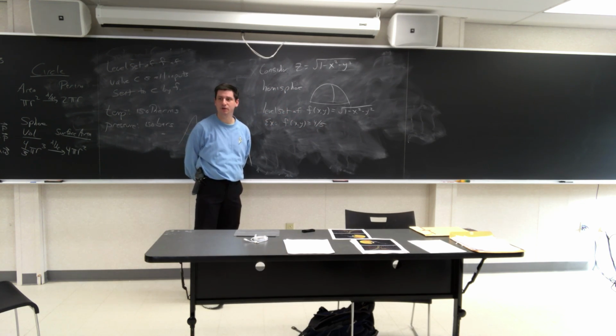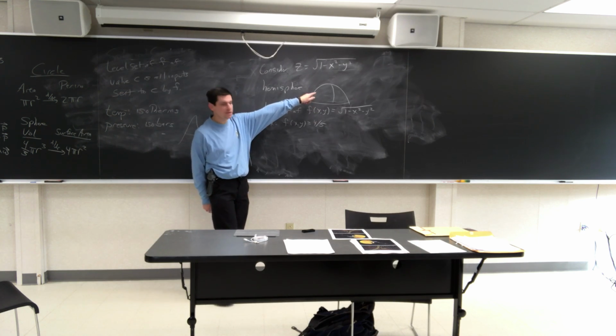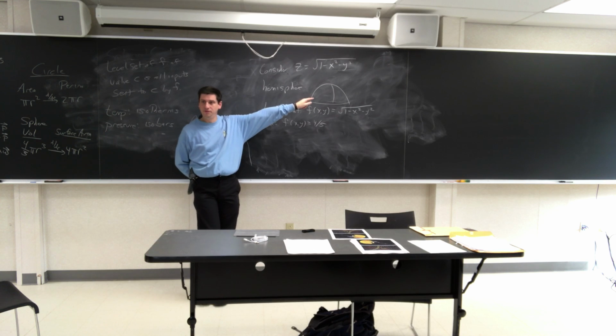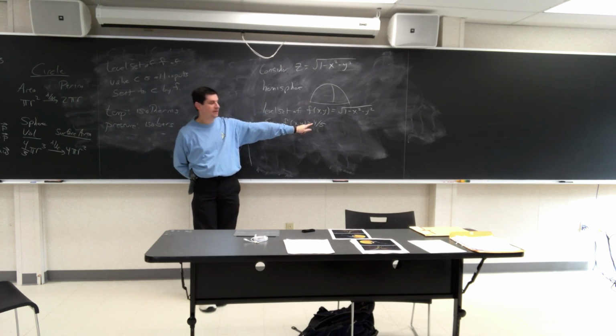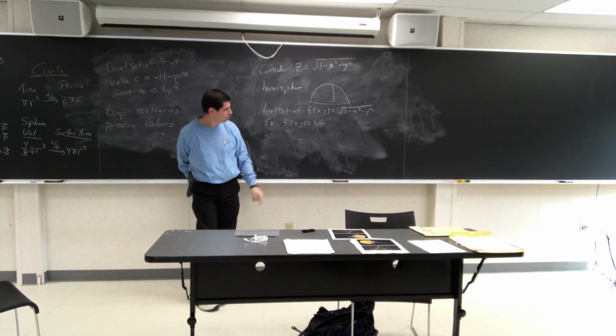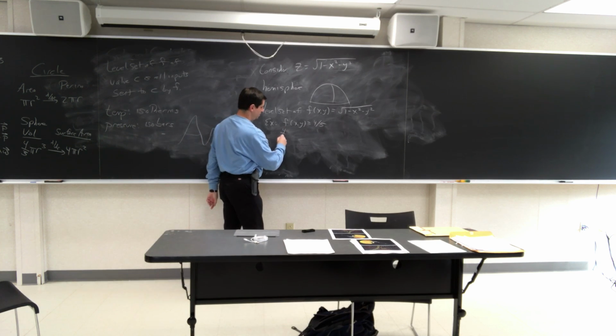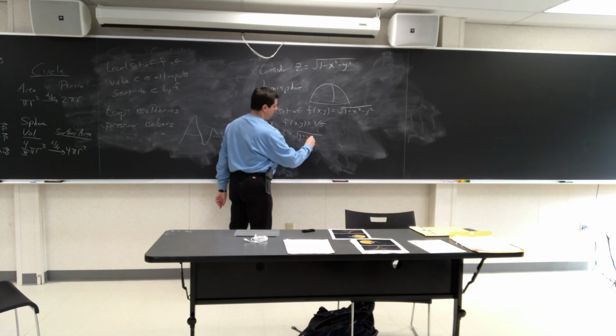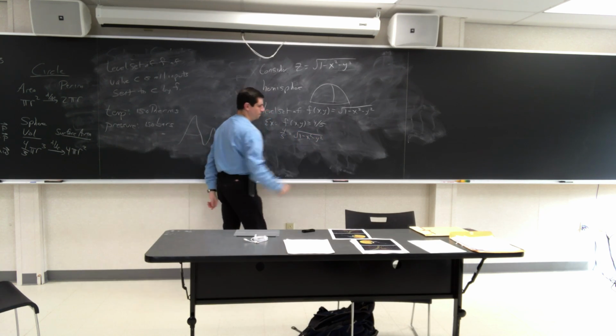What kind of shape do you think that would be? Plane? Well, it's not a plane because it's got to be places where x and y are defined. So here's my function, and I want to look at all inputs that evaluate to a height of 4/5. So I'm basically saying I want my height z to be 4/5. So I want 4/5 equal the square root of 1 minus x squared minus y squared.